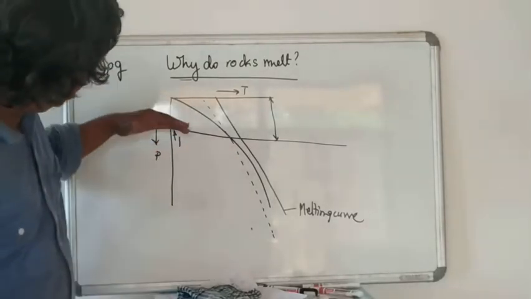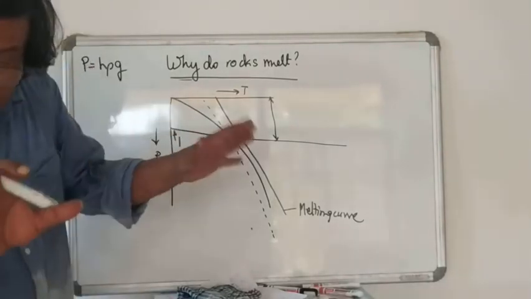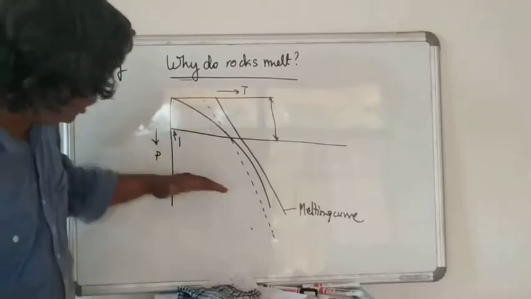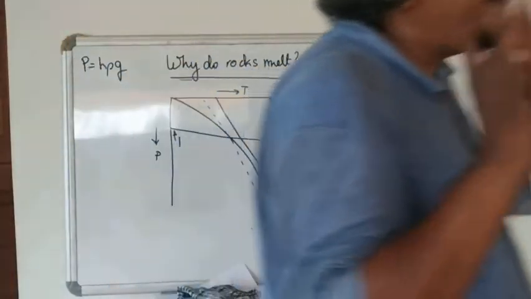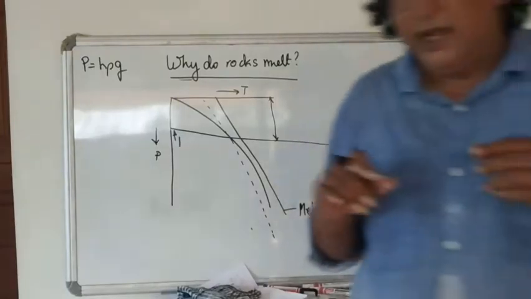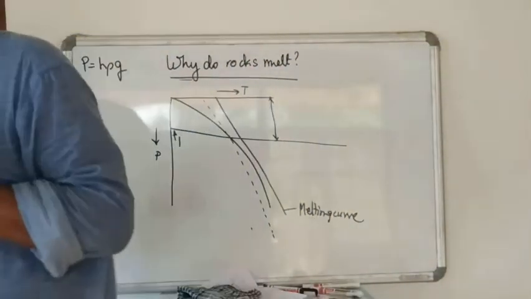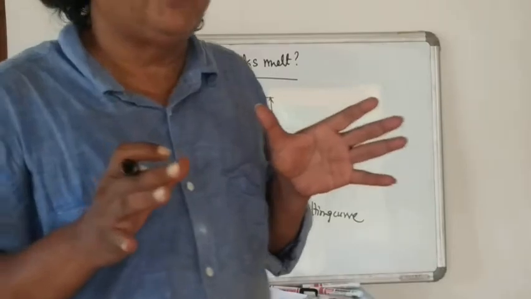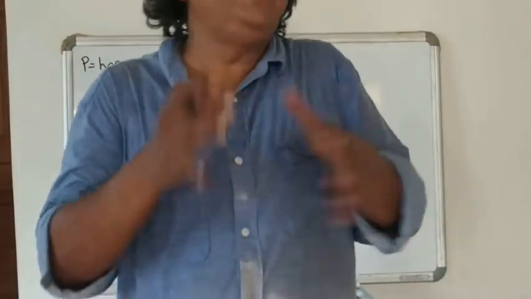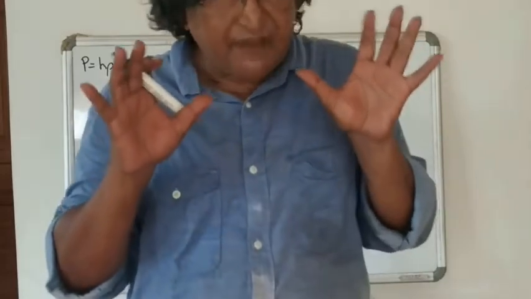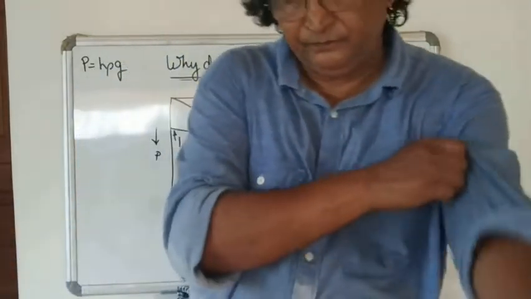So till P1 there will be no melting in the rock, but below P1 there will be melting. So we come to a very important conclusion. Geotherms are normally at temperatures lower than the solidus, so normally you don't trigger melts. But I will give you a question here.